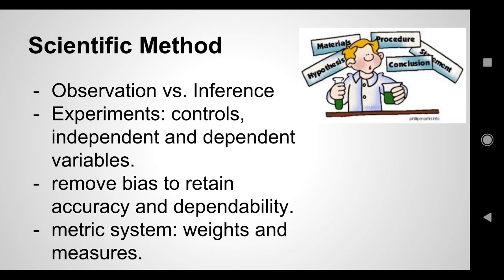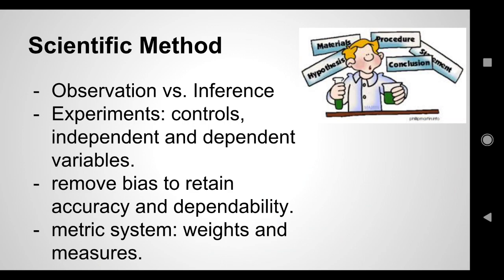And then experiments, you should know all the components to an effective experiment. So you have a control group, there's an experimental group, you should know the difference between an independent and dependent variable. We'll talk more about that in class. And the idea that bias should be removed from all aspects of science because we want to be as accurate as possible. And you want your results to be as dependable as possible.